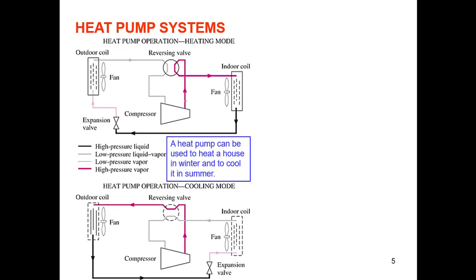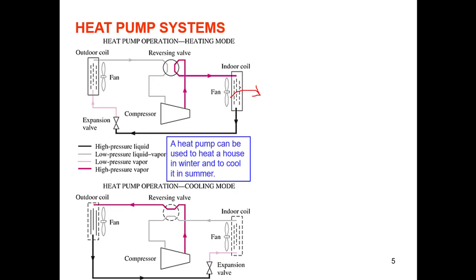The only difference will be that, let's say this is our indoor coil. Indoor coil means that the fan will throw the air inside the room. So that indoor coil can act as an evaporator as well as a condenser.